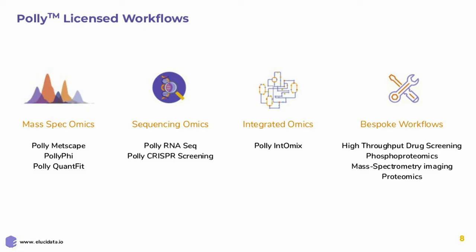We also are increasingly moving towards bespoke workflows where scientists in the lab have developed their own workflows to do, let's say, high throughput screening, data analysis, phosphoproteomics, and so on and so forth. And one of the offerings that we have is where we can take these custom workflows and put that on Poly in a matter of days. And the rationale is that we have built 7 workflows.